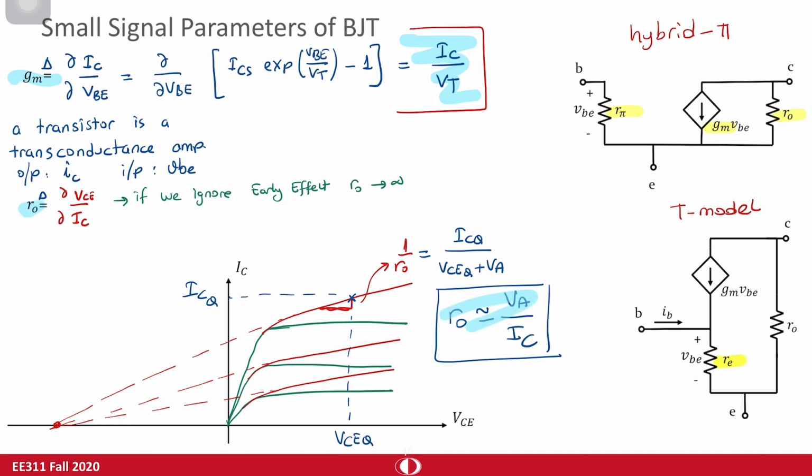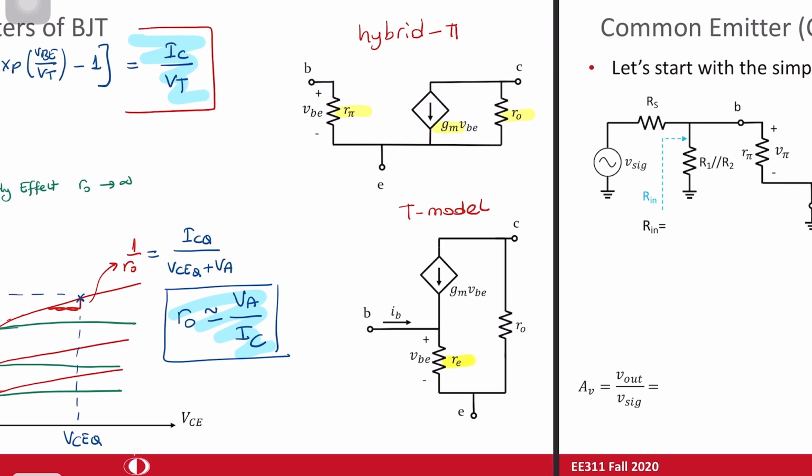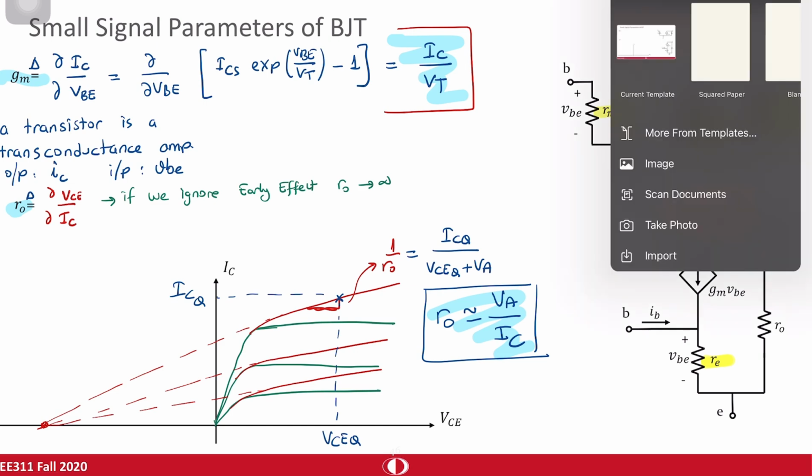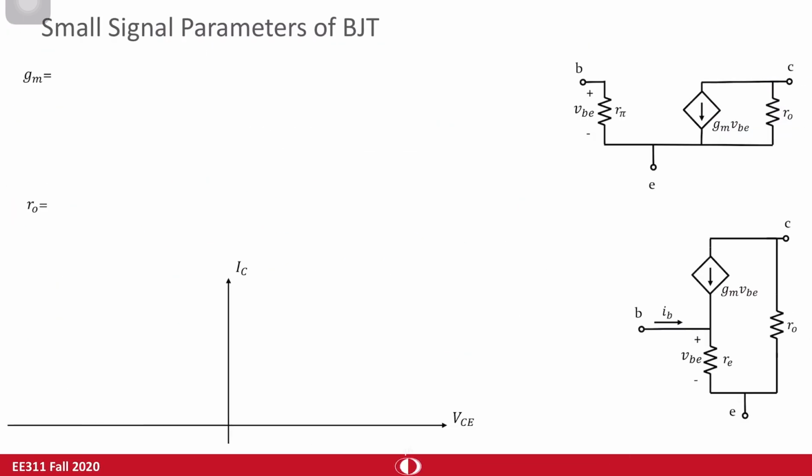R0 is also known, and now I need to find RE and Rπ.